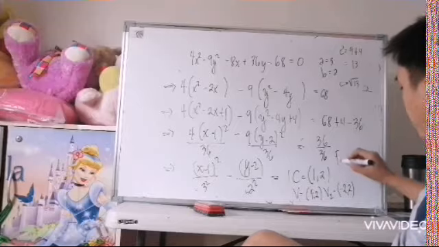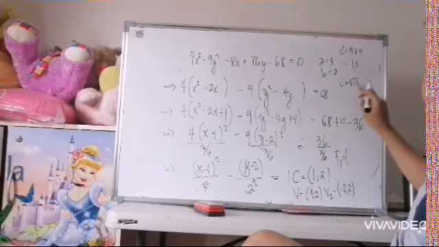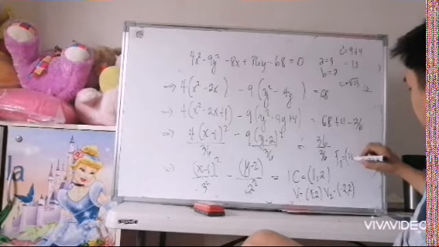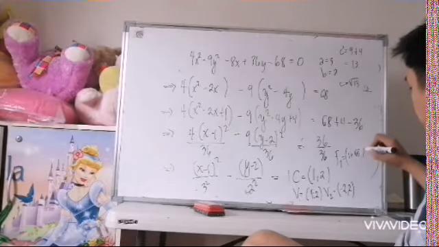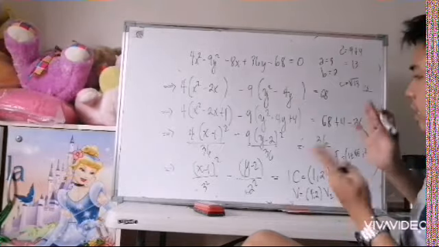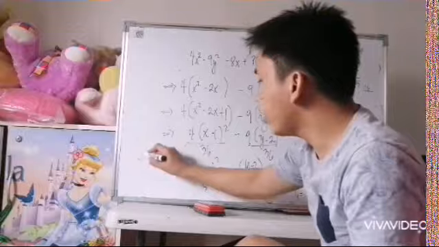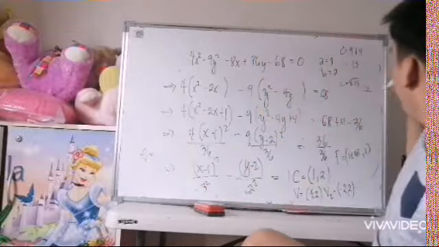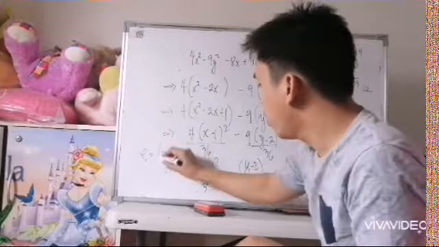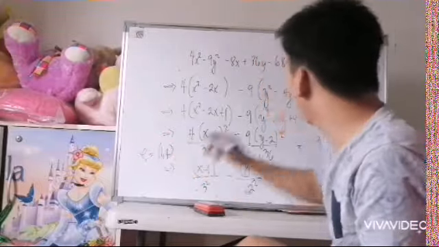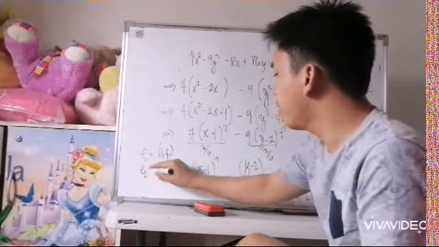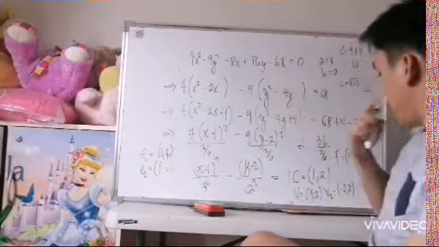My focus 1 is square root of 13 units away, so I have 1 plus square root of 13, 2. My other focus is 1 minus square root of 13, 2. My co-vertex is 2 units above the center, so that's 1, 4, and 2 units below the center, so that's 1, 0.